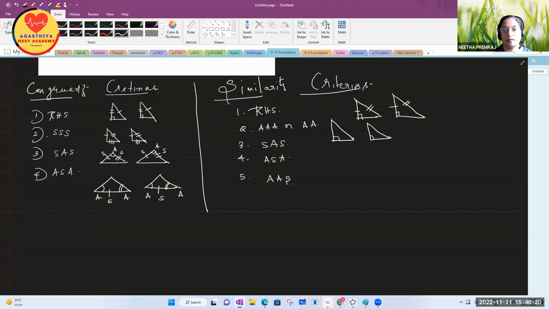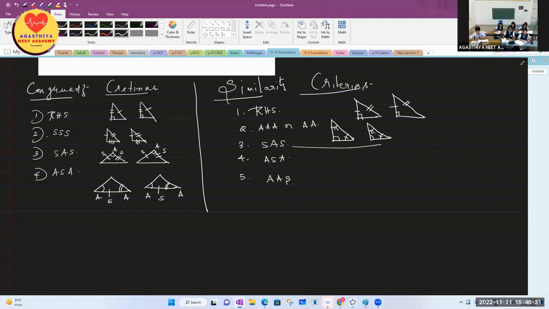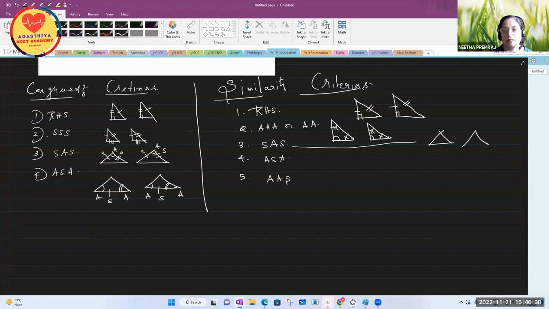Angle, angle. Obviously, if 2 angles are matching, the third angle must also be matching, isn't it? Then this one: side, angle, side.